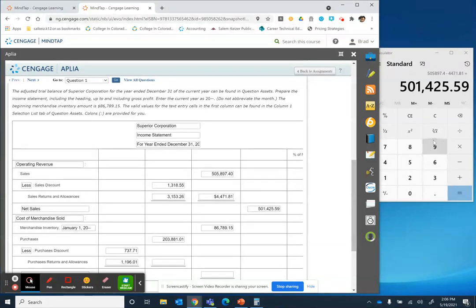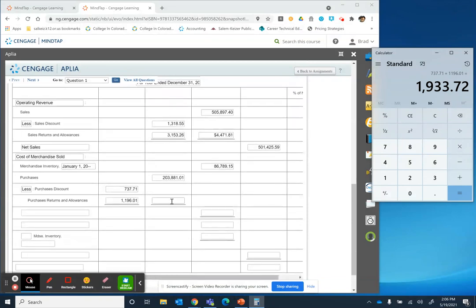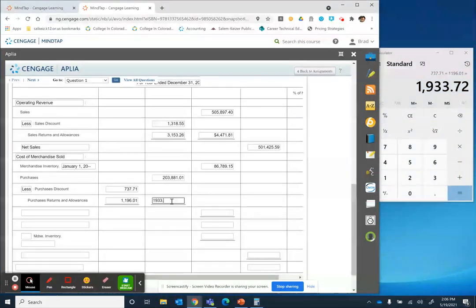We're going to need to add those two together. So 737.71 plus $1,196.01 equals $1,933.72.